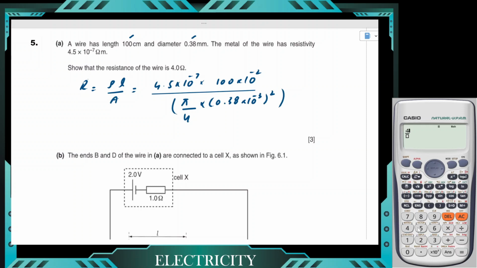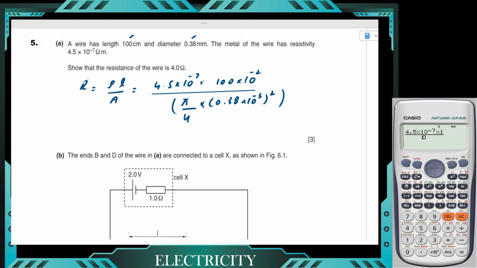Okay, so 4.5 into 10 raised to the power minus 7 times 100 into 10 to the power minus 2 would be 1, because 100 centimeters you can simply say 1 meter. So you don't even have to write the prefix with it.